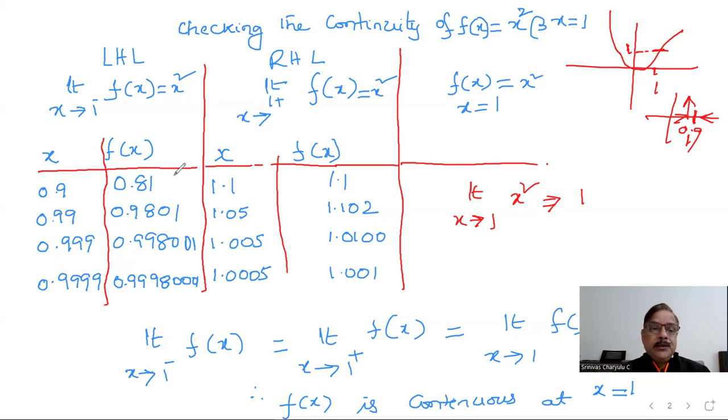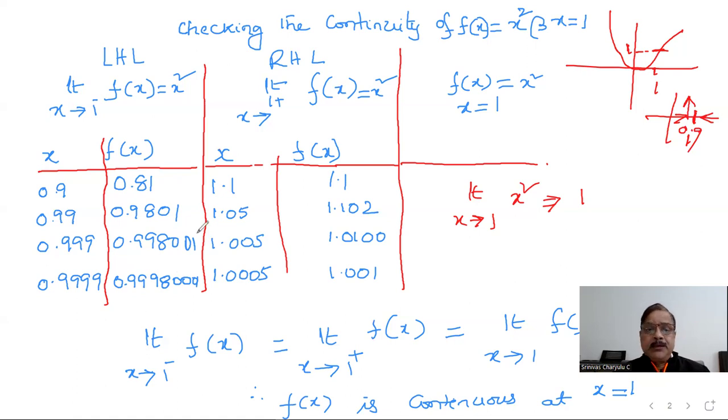All these values, if you observe, 0.81, 0.9801, 0.998001, like that. So finally, you can say that this value will converge to 1, because if you truncate it, the final value will be 1. So when I approached it from the left hand side towards 1, without putting directly 1, I got a converged value towards 1.